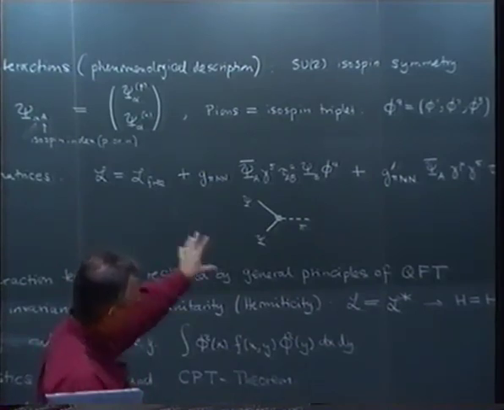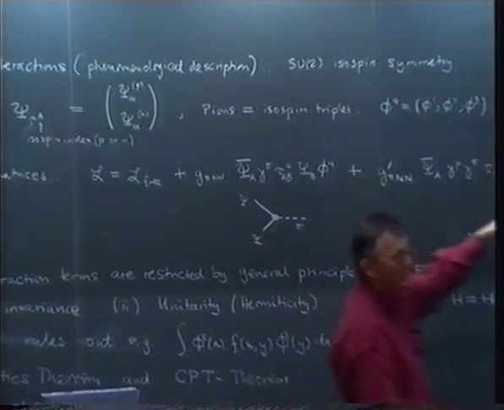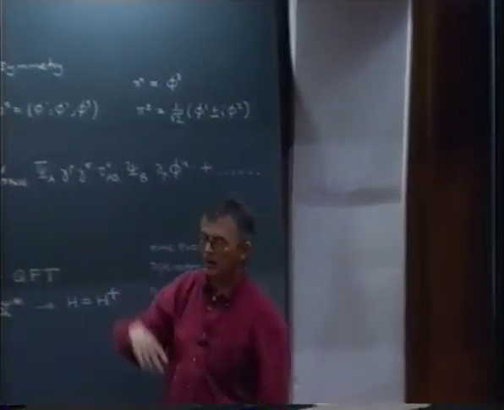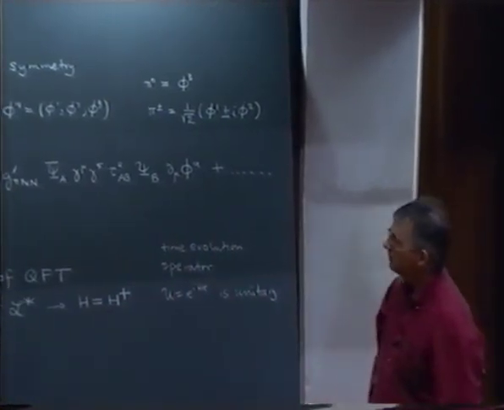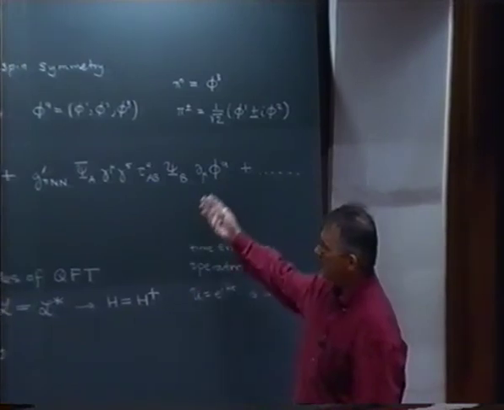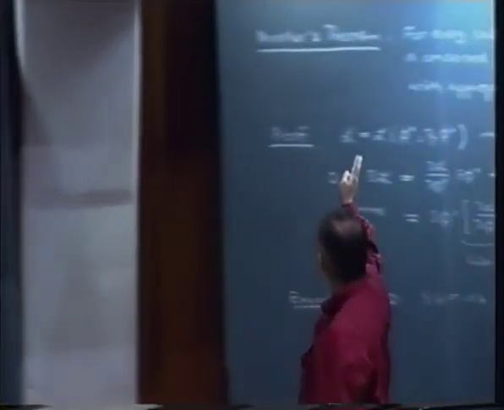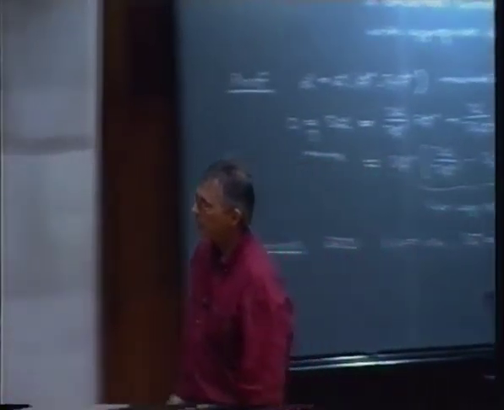So you just made these sort of phenomenological Ansätze, and you really didn't know where to stop. And then you tried to fit all these parameters to whatever you were measuring. But here the symmetry requirement wasn't very strong. Insisting on local symmetries, you get much stronger restrictions.